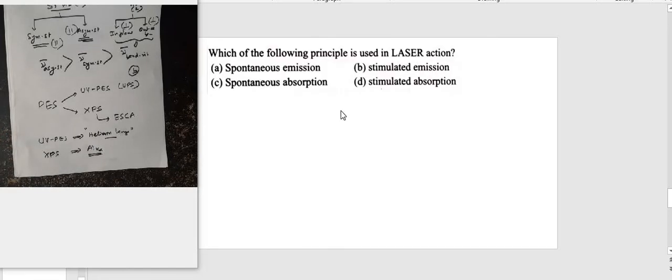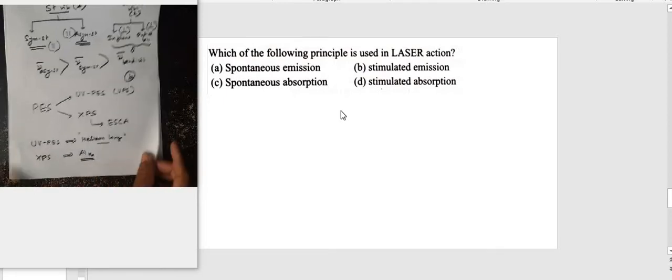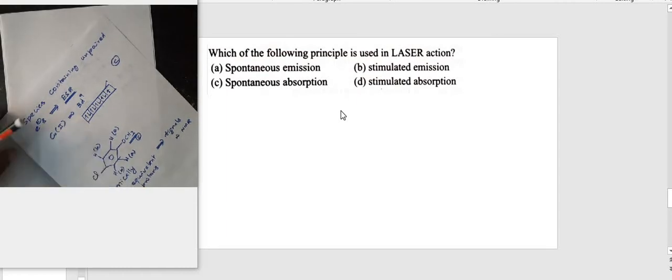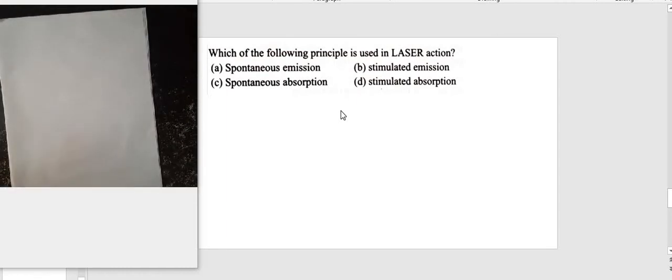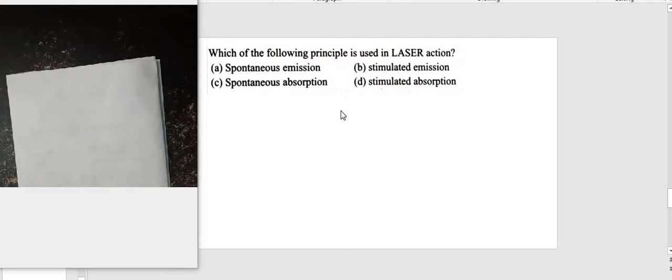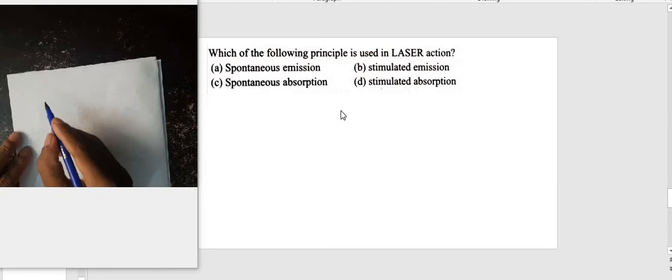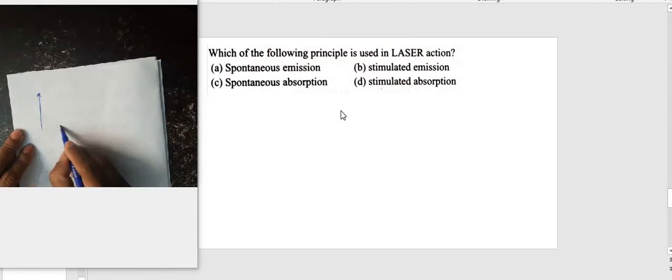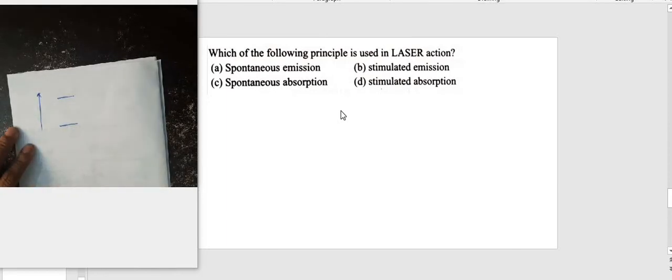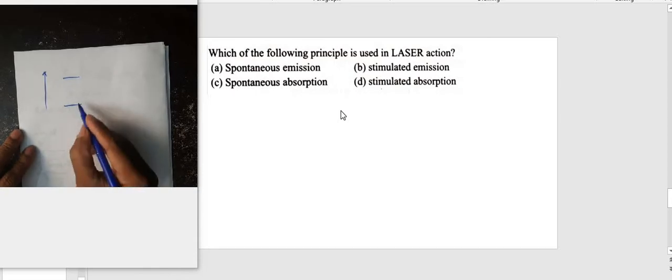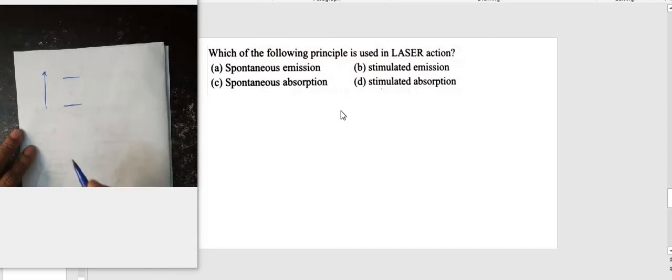Okay. Then next one: which of the following principles is used in laser action? We know very well, laser means light amplification by stimulated emission of radiation. Suppose I consider a two-level system. This is the ground level and this is the excited level.